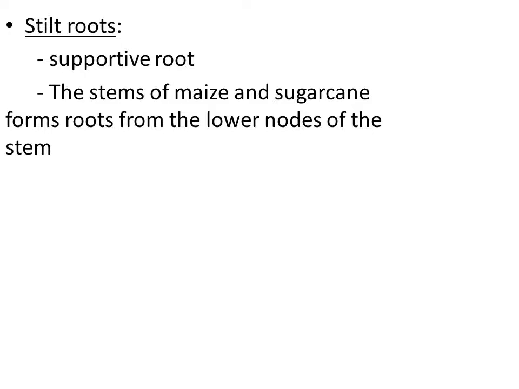But if you compare it to the fibrous root, the fibrous roots do not penetrate to the deeper region of soil like the taproot system, right? So some plants like maize and sugarcane need additional support for the aerial part because the stem in maize and sugarcane grows very long.